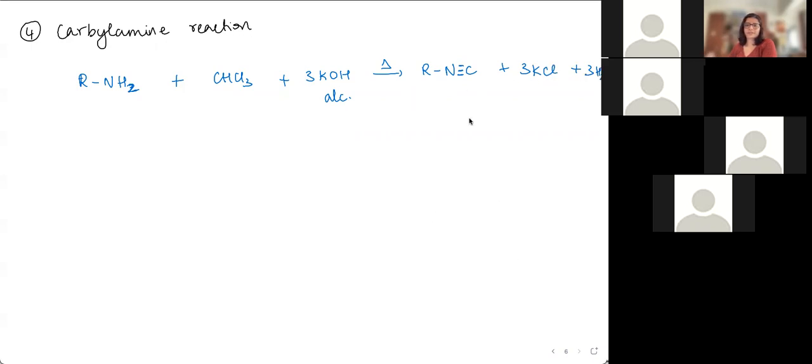This particular thing, NC, you guys have come across it earlier when we were doing haloalkanes, I think, in their substitution. So this is isocyanide. CN is cyanide because it's essentially the same thing attached on a different atom. So this is called isocyanide, or also called carbylamine. And carbylamine has a very foul smell. So if you see that this reaction has happened and you're stinking up the place, then this is a primary amine.